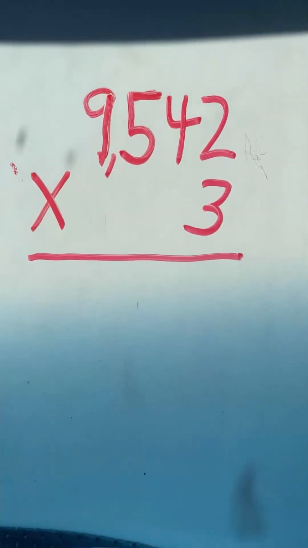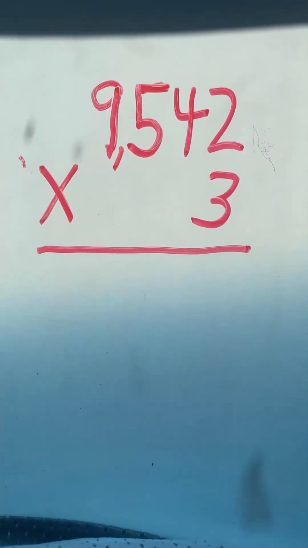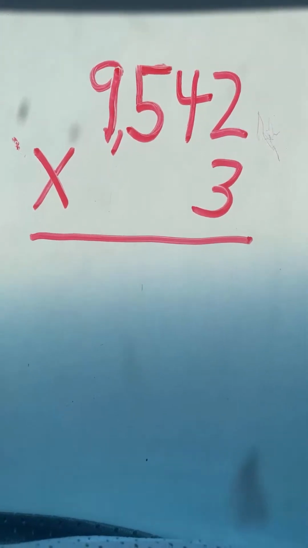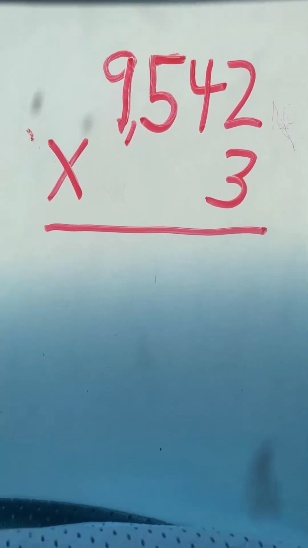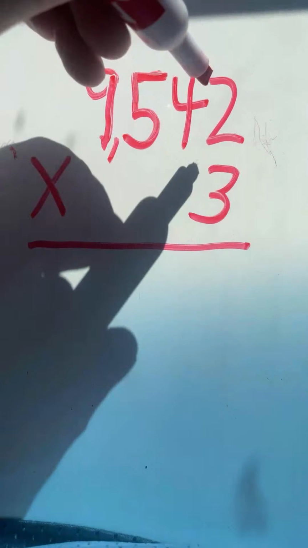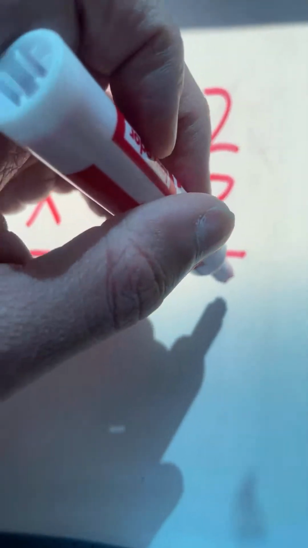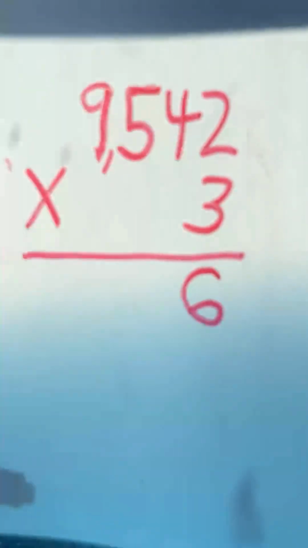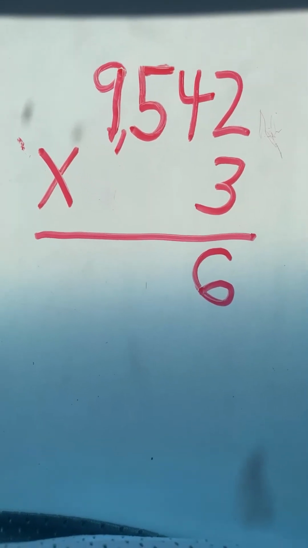All right, 9,542 times 3. Two times 3 equals 6. We do not need to regroup in the ones place because our product is less than 10, 9 or less.